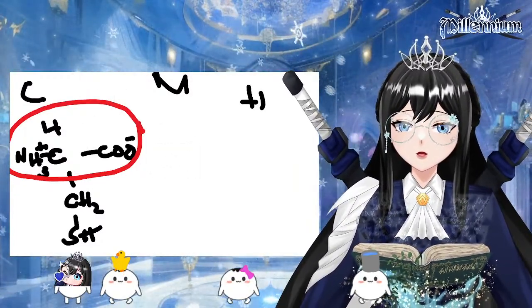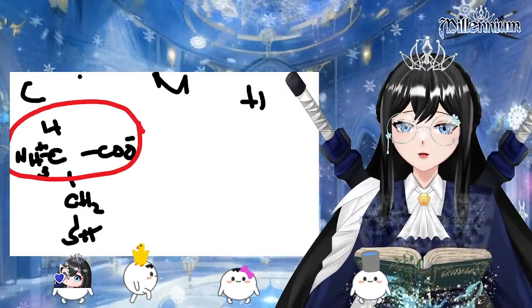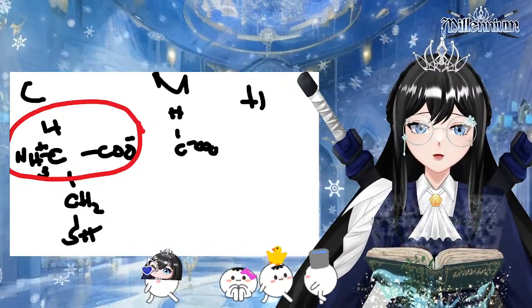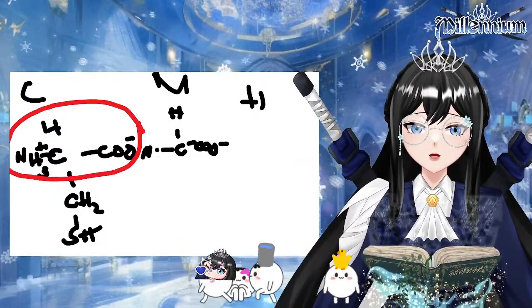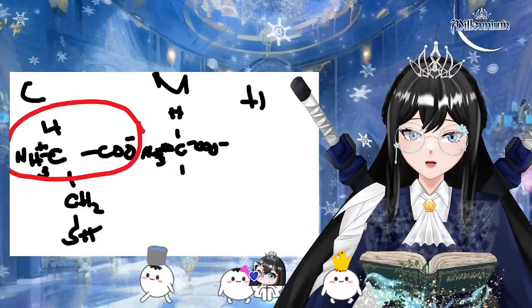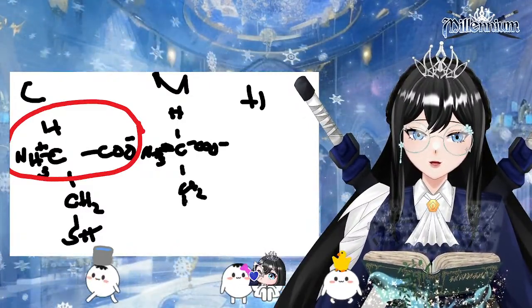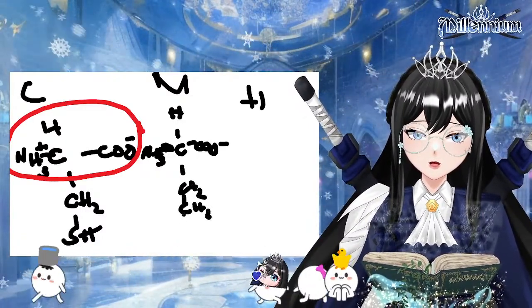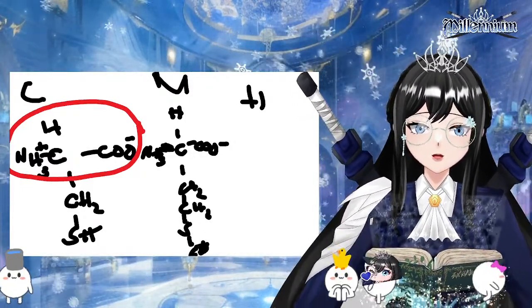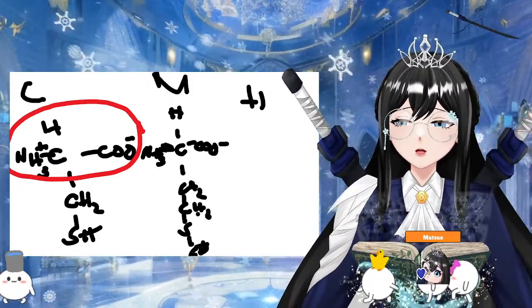Erase. There you go. Methionine would look like, okay fine, I'll just draw the first part, HCCOO minus, NH3 plus. And then the bottom is like this: CH2, CH2, S, and CH3. Okay, so that's how it looks like.